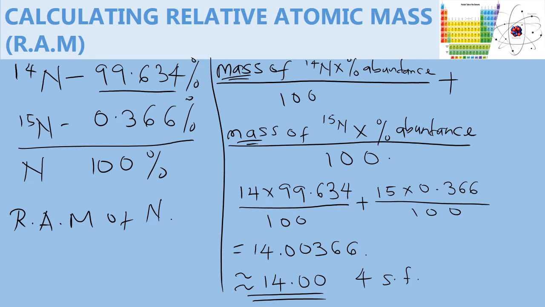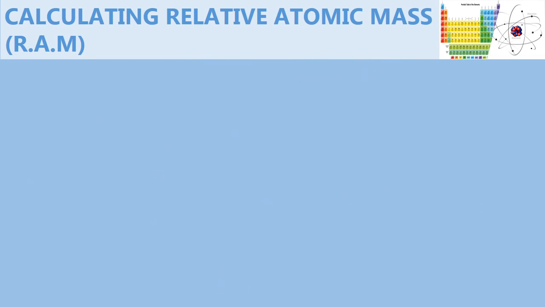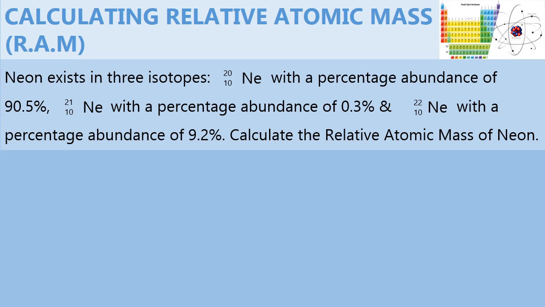Let us carry on with a question. Neon exists in 3 isotopes, which is neon 20 with a percentage abundance of 90.5%, neon 21 with a percentage abundance of 0.3%, and neon 22 with a percentage abundance of 9.2%.